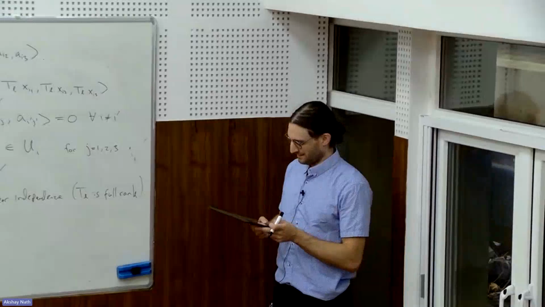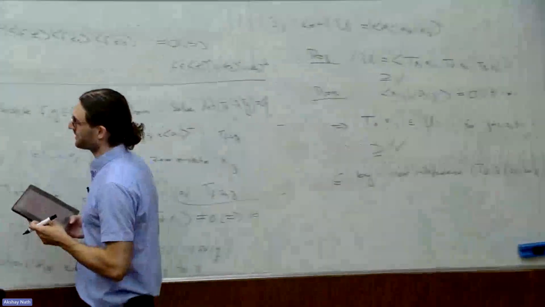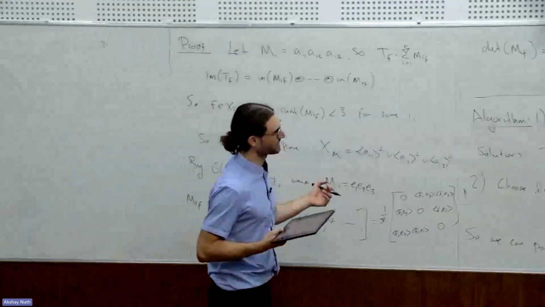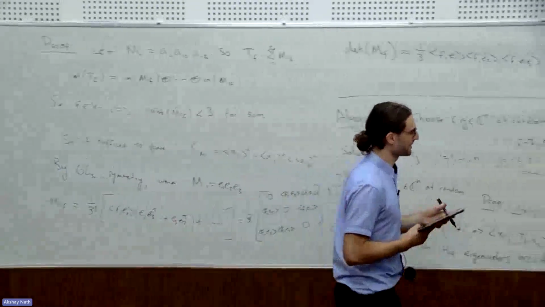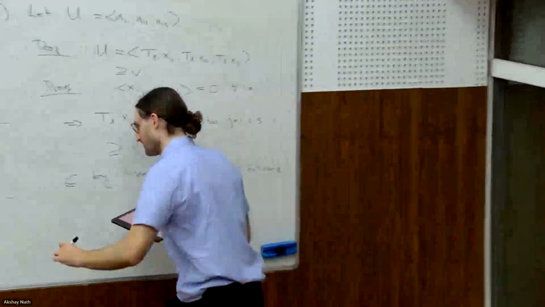Okay, all right, so now we could recover from here. We could be done. If we wanted to be lazy and we just wanted a polynomial time algorithm, this is actually enough.